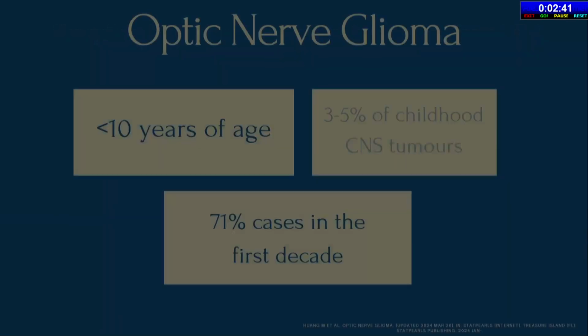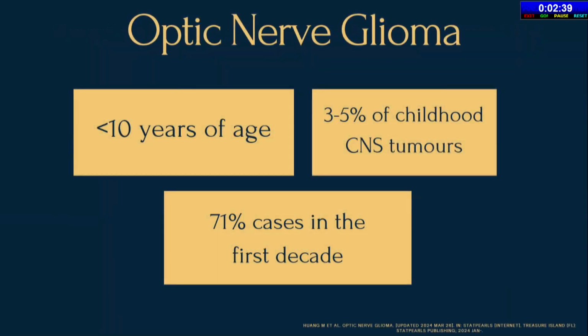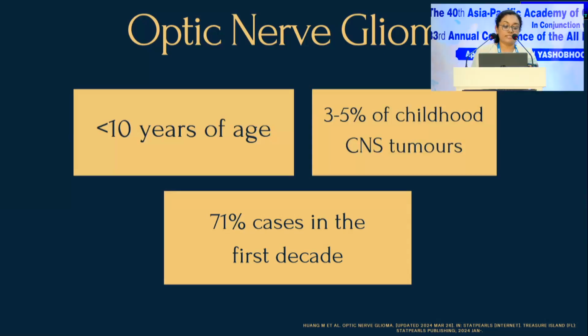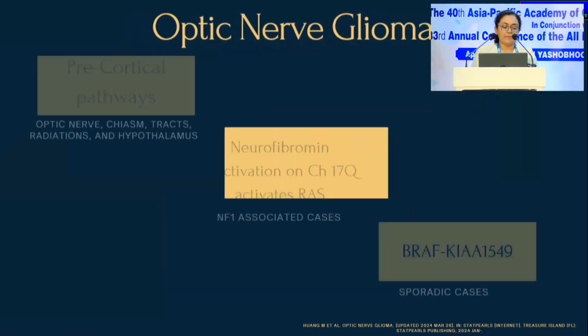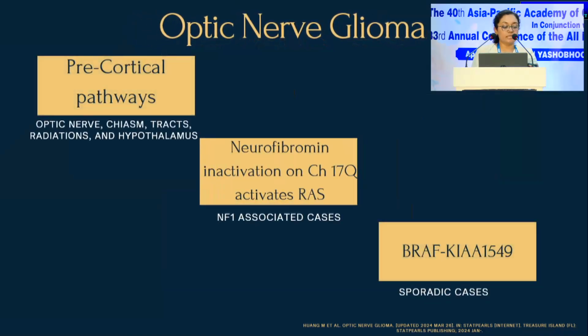Optic pathway gliomas primarily affect children under the age of 10, accounting for 3 to 5% of childhood CNS tumors. 71% of cases occur in the first decade and 90% by the age of 20. Many patients with optic pathway gliomas, particularly those with neurofibromatosis, are asymptomatic.